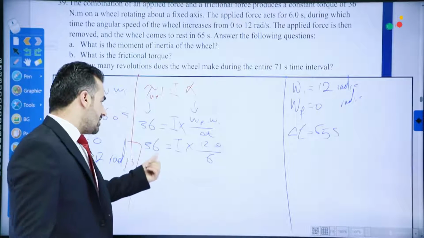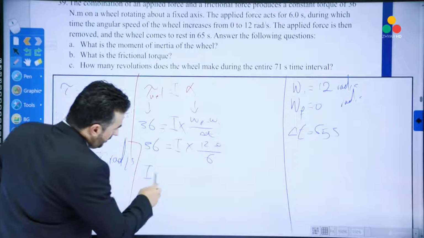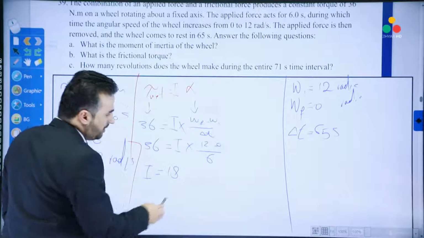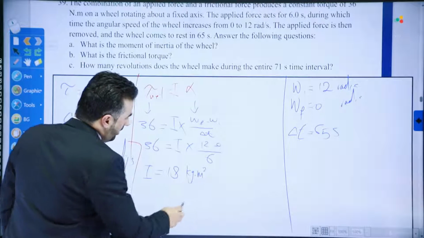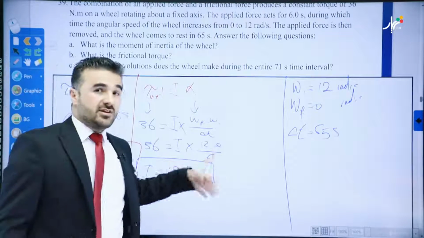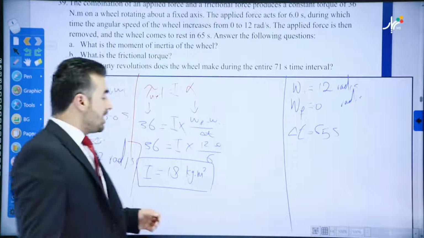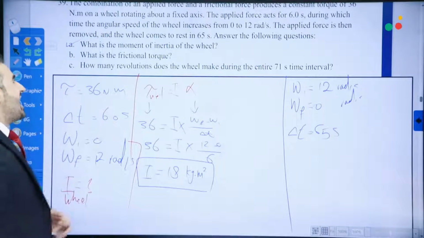Dividing both sides by 2, the moment of inertia equals 18 kilogram meter squared. The moment of inertia doesn't change because it's the same wheel, whether it's speeding up or slowing down. That is the answer for part A.